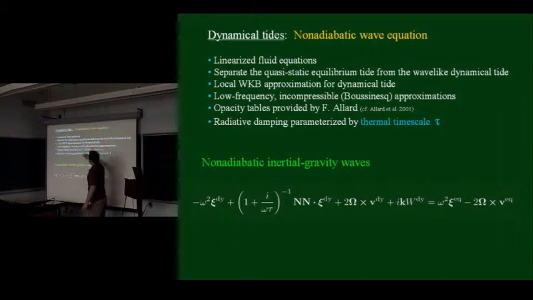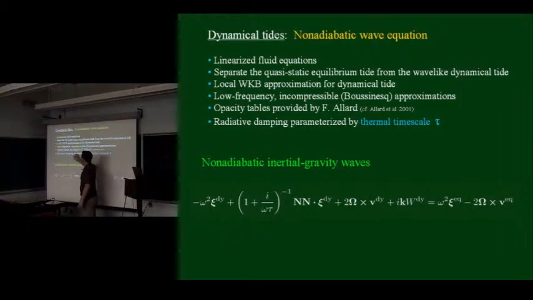I used a local WKB approximation and these low-frequency incompressible approximations to filter out acoustic modes, et cetera. I utilize opacity tables from Franz Allard for the purpose of doing radiative transfer.